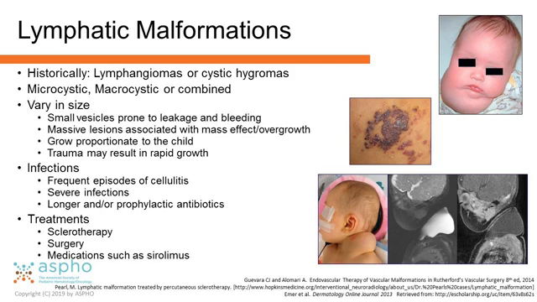Like venous malformations, these grow proportionate to the child, but trauma may result in rapid growth from internal hemorrhage. These too are associated with frequent infections which can be severe and may require longer antibiotic treatment regimens or prophylactic antimicrobial use. Treatments may include sclerotherapy, surgery, and medications such as sirolimus.